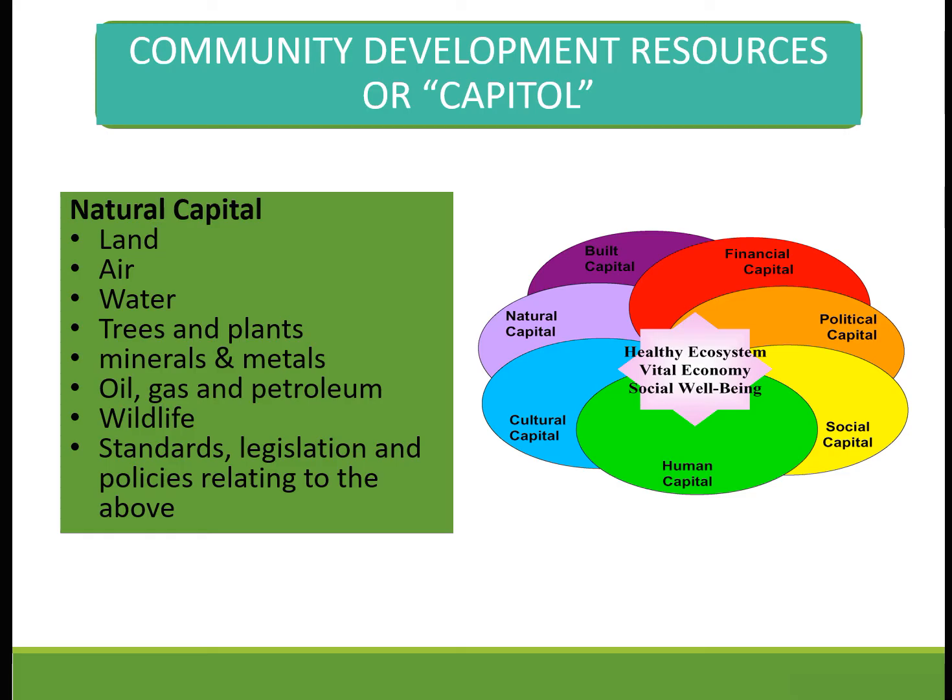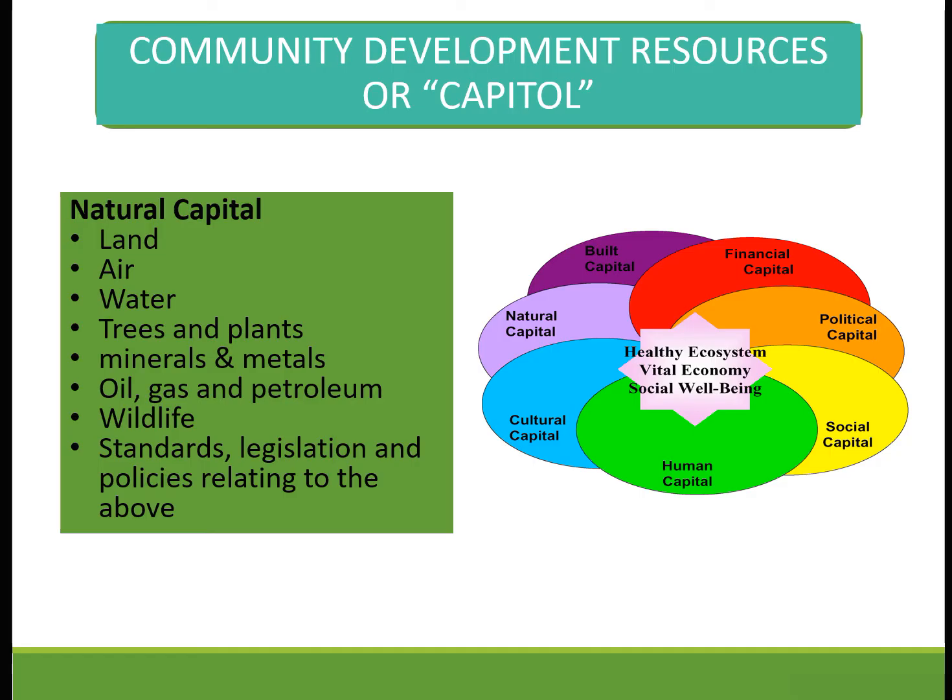Natural capital is simply the natural resources that are around the community. So this would be the community's land, air quality, water, and that would be drinking water as well as maybe water for recreation or tourism. You're looking at all the trees and plants, of course, and although we don't think of it this way, minerals and metals are important as well as oil and gas.